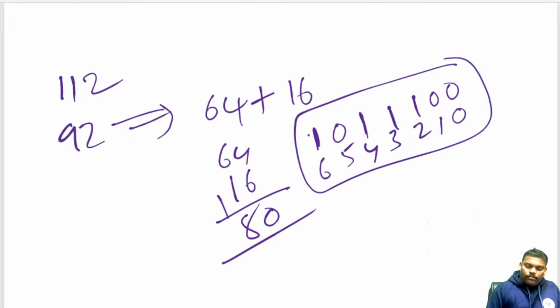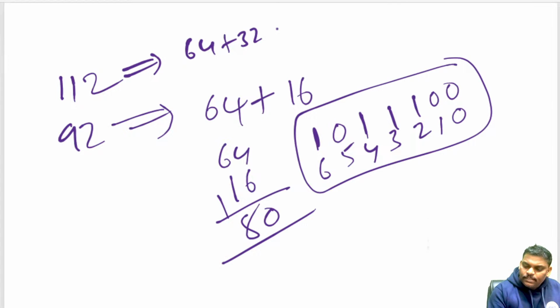This is 92. Now check 112 also: 64 plus 32 is 96, and 96 plus 16.